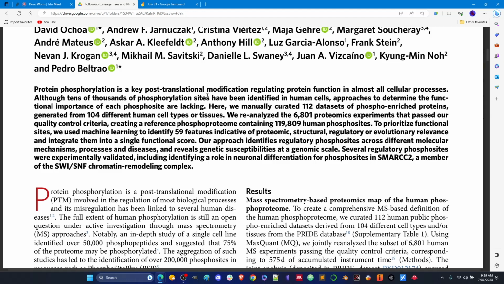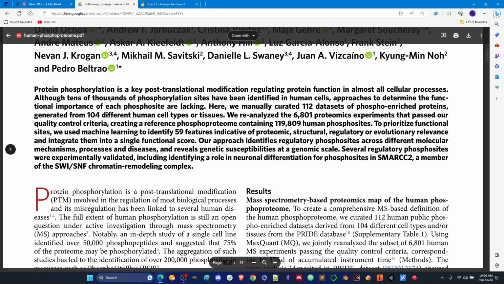Those are two separate processes. In transcription you create mRNA, and in translation you create chains of amino acids that serve as the building blocks of proteins. Post-translational modification is where you take those chains of amino acids and modify them, and this is what phosphorylation does.